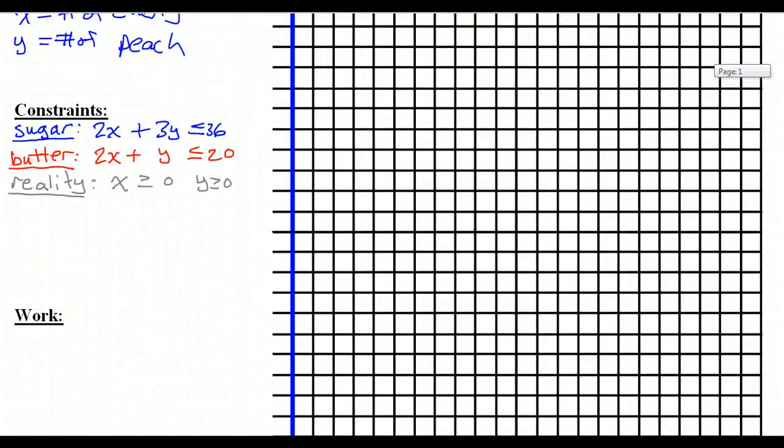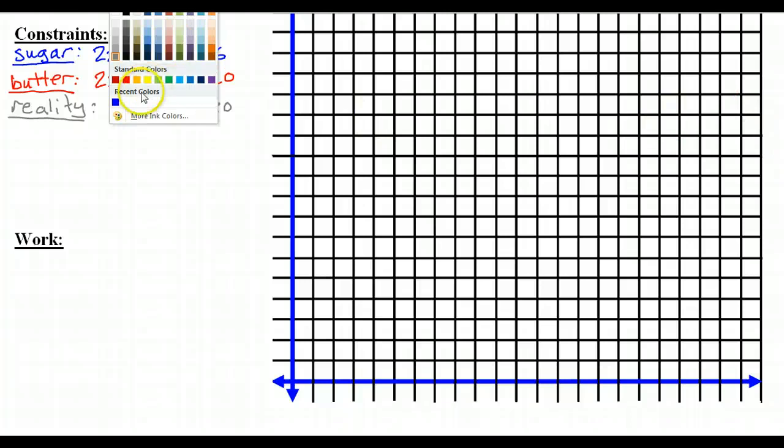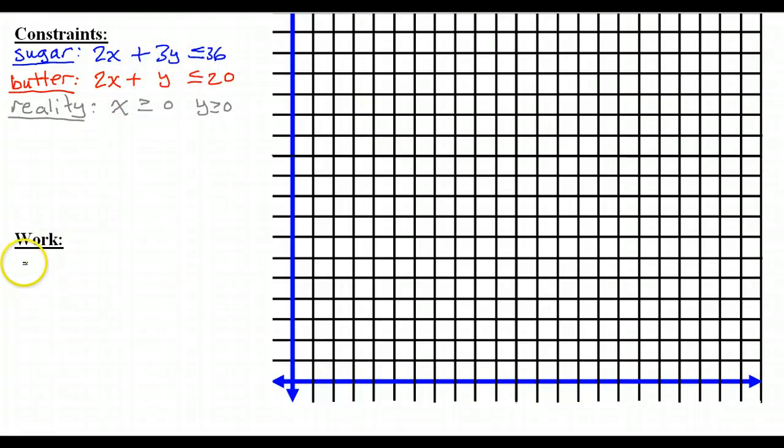Now we need to work them and graph them. So looking at the blue one, I've got 2x plus 3y is less than or equal to 36. I could subtract 2x from both sides, so that gives me 3y is less than or equal to negative 2x plus 36.